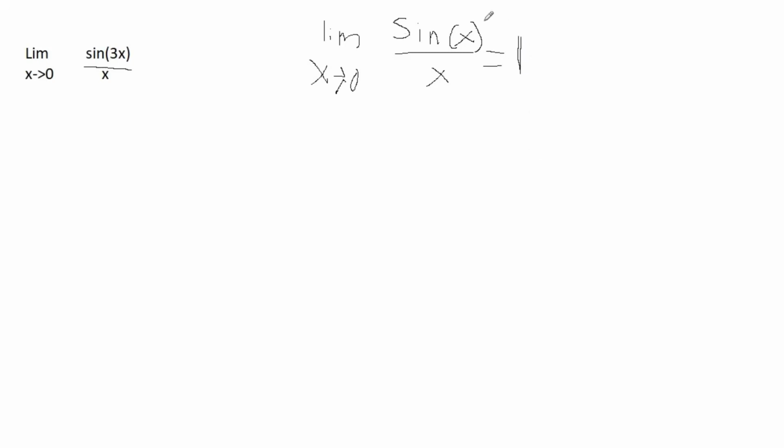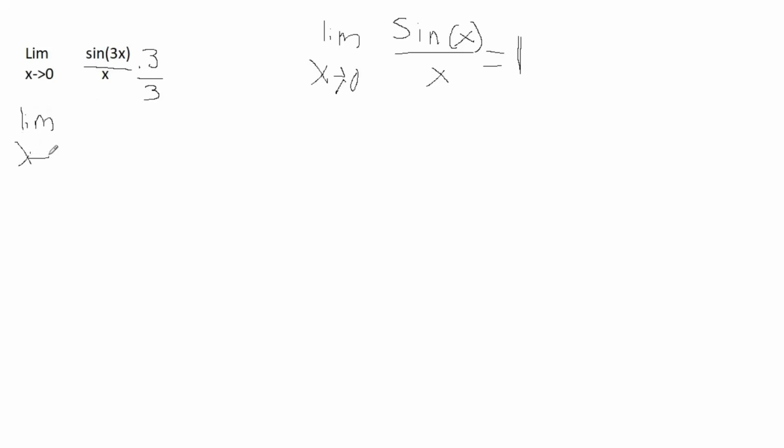Now, how can we have this match up with that? Well, we can multiply by 3. Of course, not exactly 3, as we're technically multiplying by 1, but you'll see what I mean.